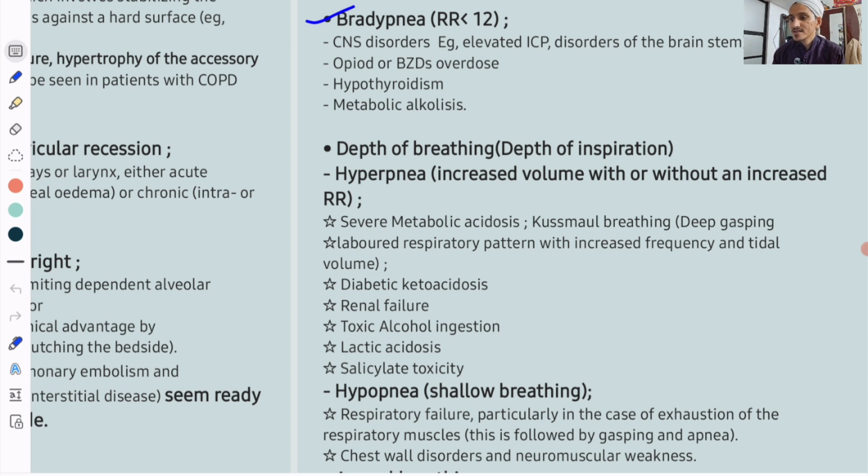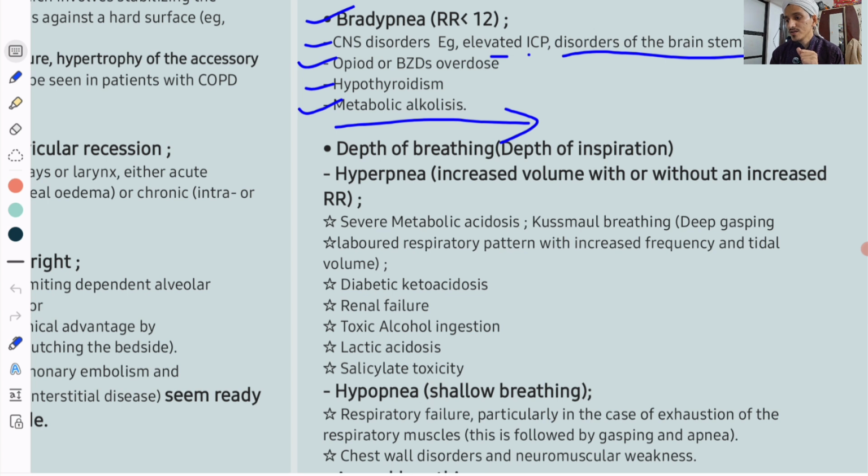So CNS disorders like elevated intracranial pressure, due to intracranial hemorrhage or some space-occupying lesion in the cranium, and disorders of the brainstem will cause decreased respiratory drive. Also opioid or benzodiazepine overdose, hypothyroidism, and metabolic alkalosis. Metabolic alkalosis itself causes decreased respiratory rate.